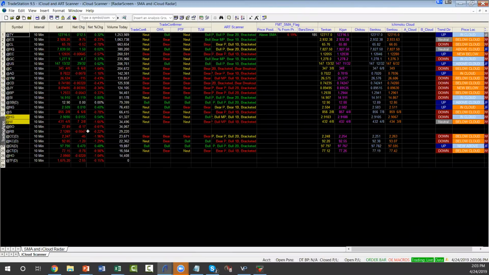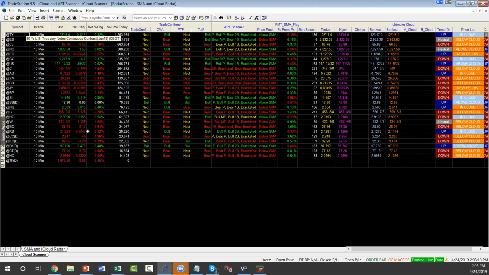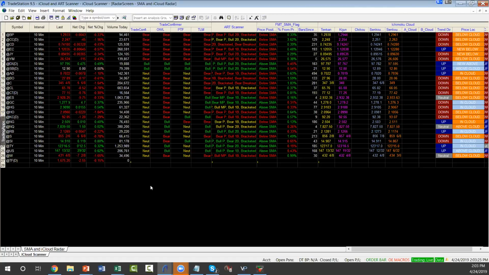And I got a variety, I've got treasury notes, the S&P E-mini, crude oil, NASDAQ, the NQs, some commodities. So we got about 27 different futures symbols listed here. And we can quickly identify 2 bullish on a 10-minute time frame, the dollar futures and soybeans, and looks like 6 bearish on a 10-minute time frame.